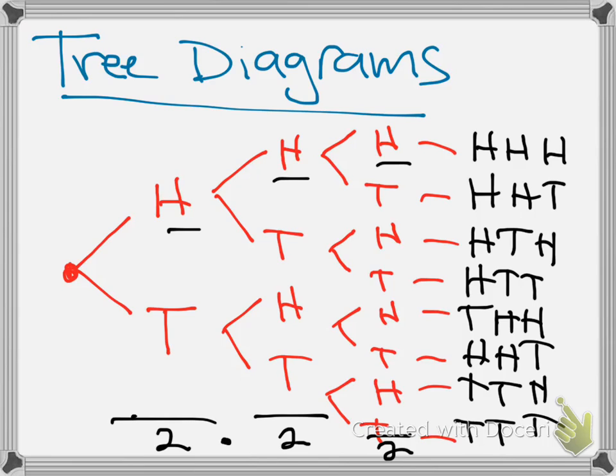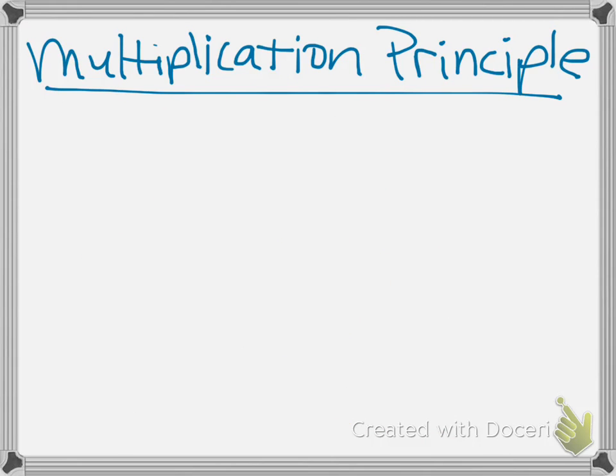And so if we multiply the total number of possibilities for each action, we get the total number of outcomes. So 2 times 2 times 2 is, of course, 8. And if you notice over here on the far right side of the slide, we have 1, 2, 3, 4, 5, 6, 7, 8 total possibilities in our sample space. And that's really all the multiplication principle says.